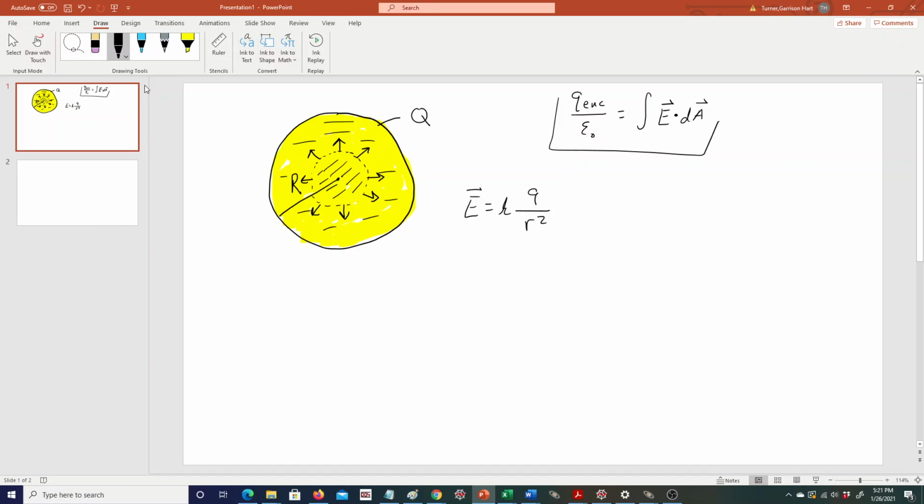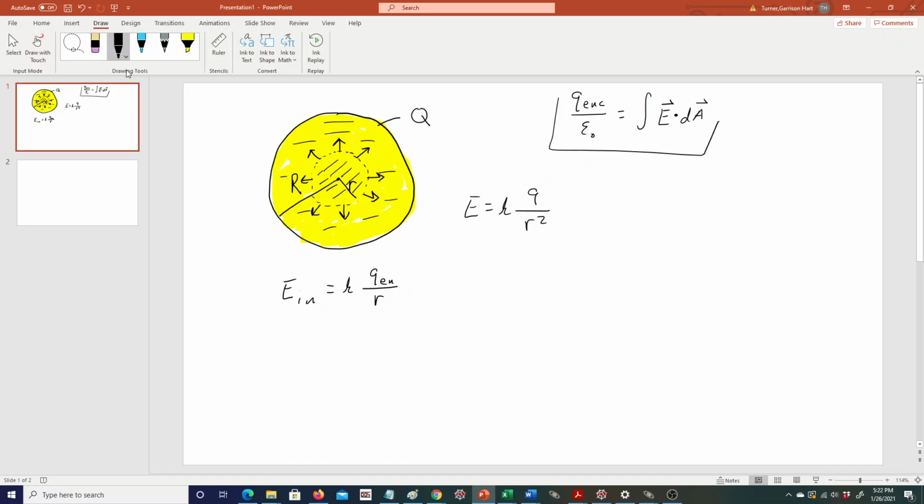And if we need to make this a vector, but the magnitude, right? The magnitude is just this. So we're more or less concerned with the magnitude for the moment, okay? So the field inside is going to be K times the charge enclosed by the sphere divided by the radius of our Gaussian sphere.